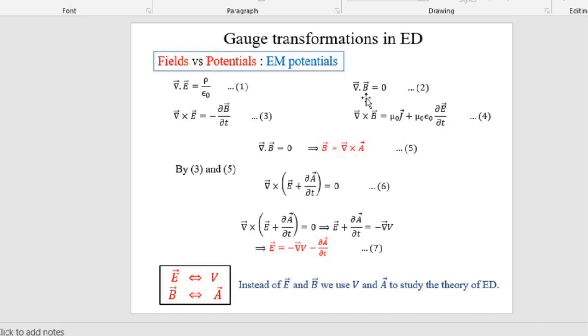So anyway, here we have defined these electromagnetic potentials, and now we will proceed with these potentials V and A to study the formulation of gauge transformations.